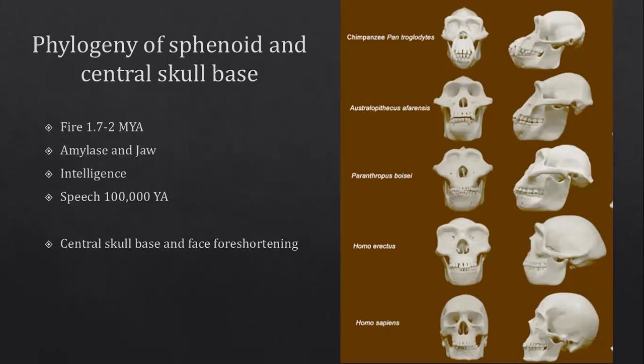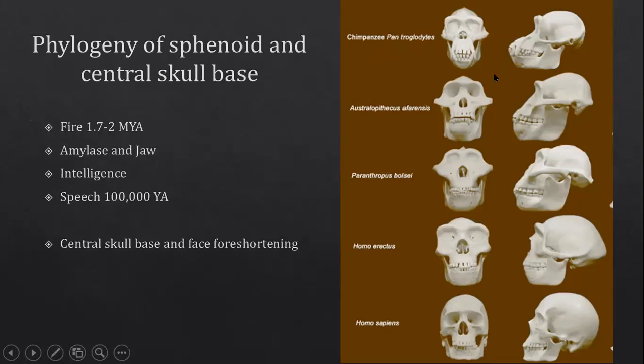And cooking of food enabled us to digest it much more quickly, be able to spend less time on chewing and digestion, and we could do other activities that necessitated. And that is very, very relevant, because that allowed us to evolve our jawbone.